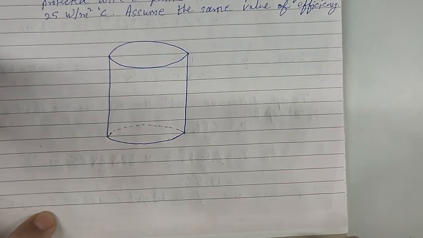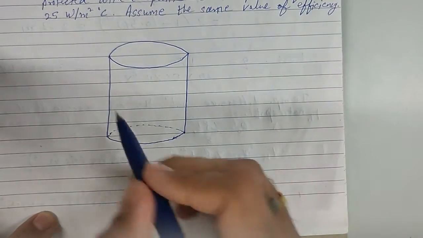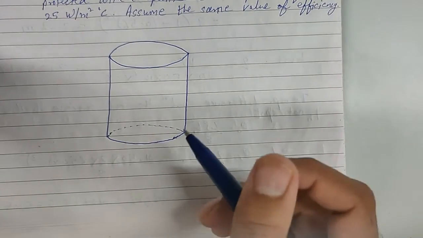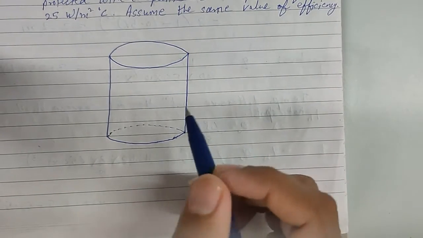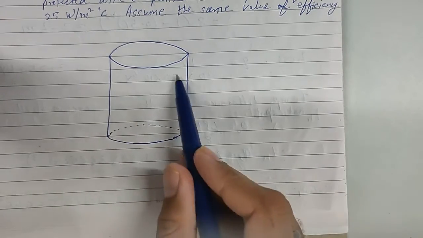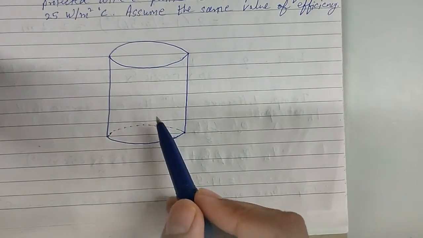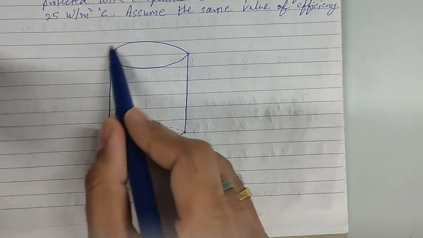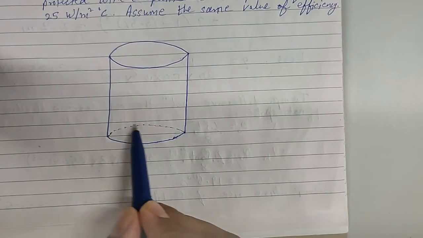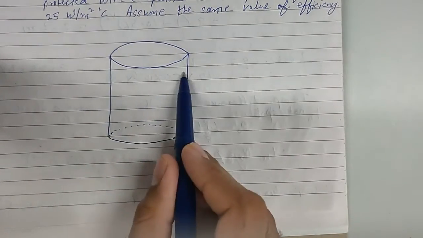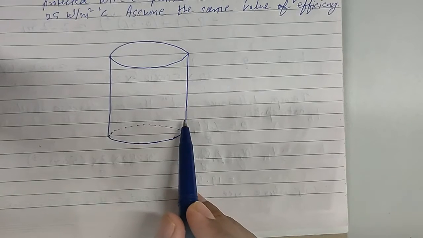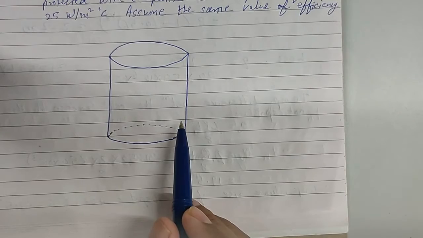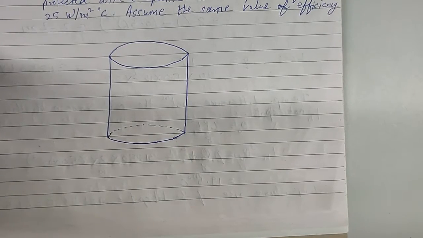Now, if you look at the diagram, the total heat dissipating surface would be the outer cylindrical surface plus the two end surfaces. So that is the top part and the bottom part, and the curved surface of the entire body. So this all would be included in the heat dissipating surface of the induction machine.